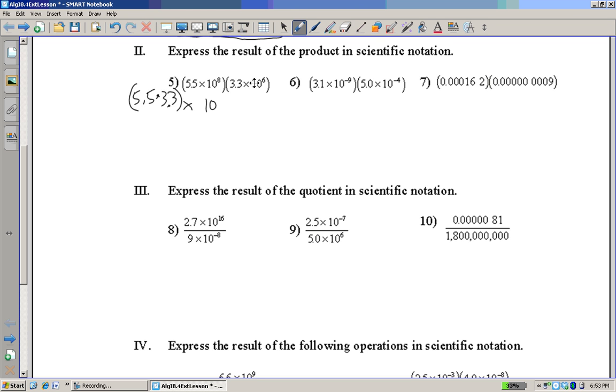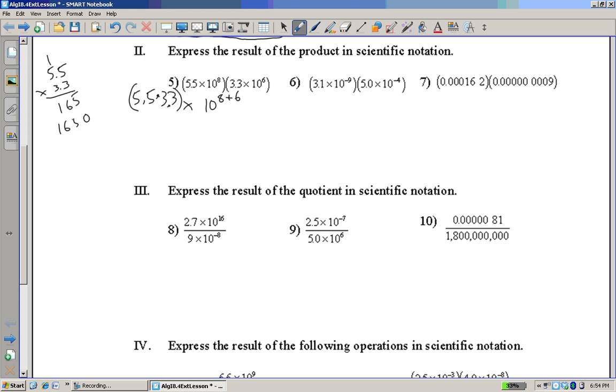Now, when we have multiplication as opposed to division, we're going to add the exponents. So this is going to be 8 plus 6. Add those exponents when we have multiplication. So 5 and 5 tenths times 3 and 3 tenths. Let's just do that real quick. Of course, you could do it in the calculator, but it's going to be 15, 15 plus 1, 16.